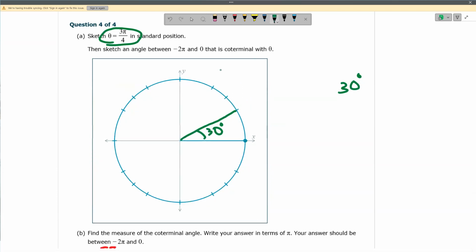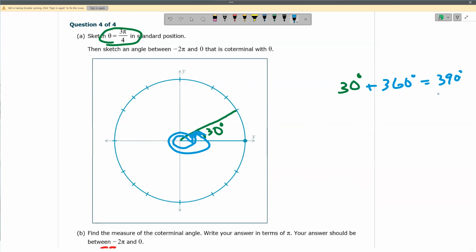That's in degree mode. Well, this angle right here, if you go around 1 full revolution back to here, what is the measure of this angle? So 30 plus 360, and that should be 390. If you want another coterminal, you can go another revolution back to the same terminal side.